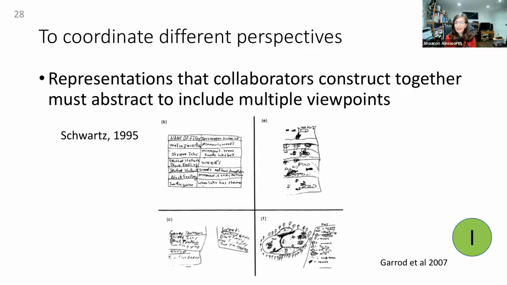They didn't necessarily create new insights. What they did when they collaborated, they created representations that were more abstract. So they had to become abstract in order to encompass the viewpoints of the collaborating peers.